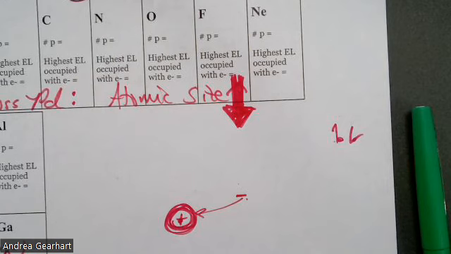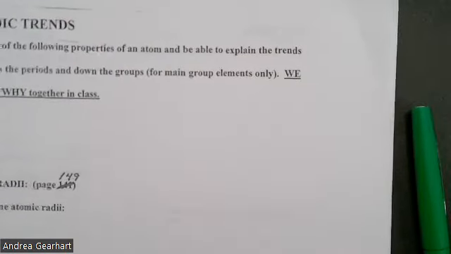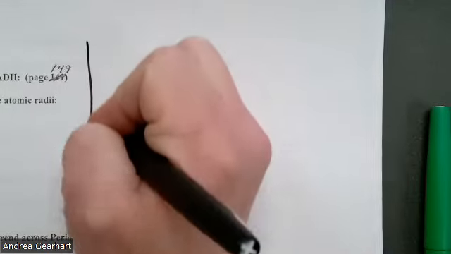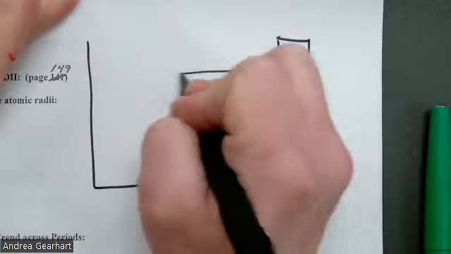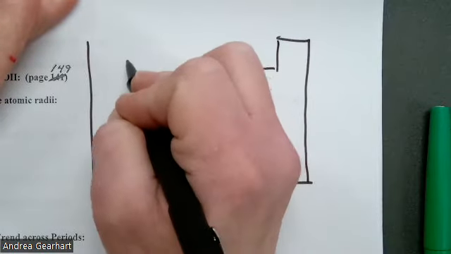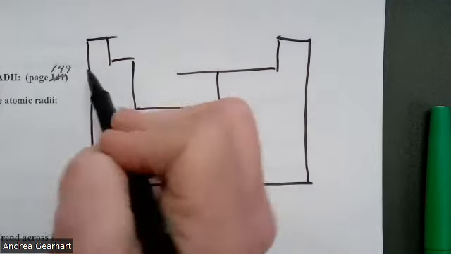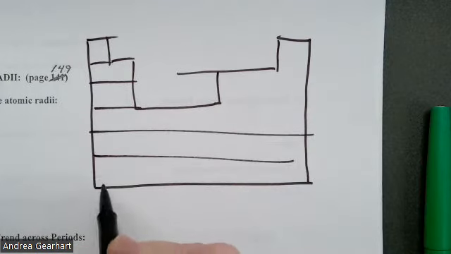Page 14. Okay, I am going to just sketch a periodic table, just sketch. Sorry about that one. Okay, so we know we have 7 periods.